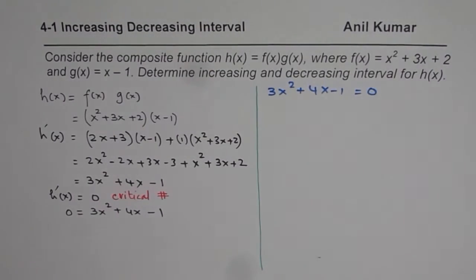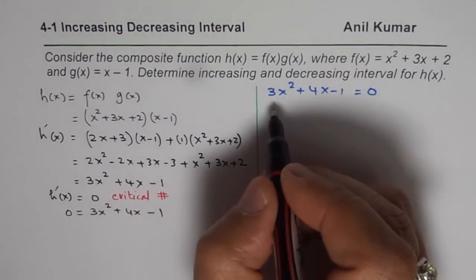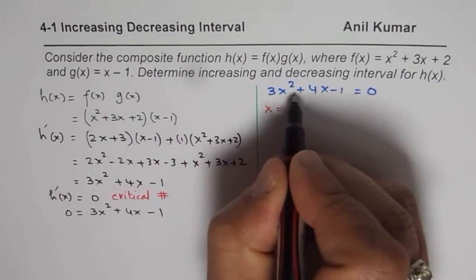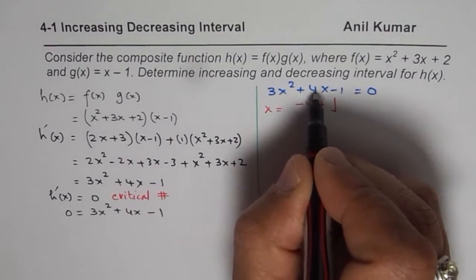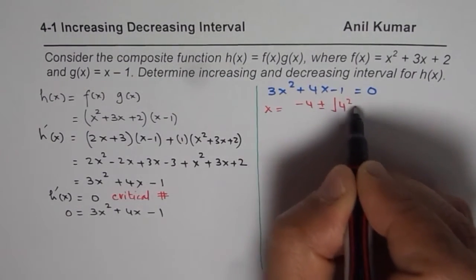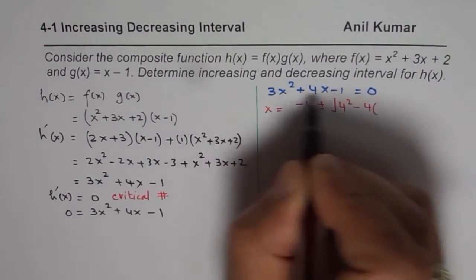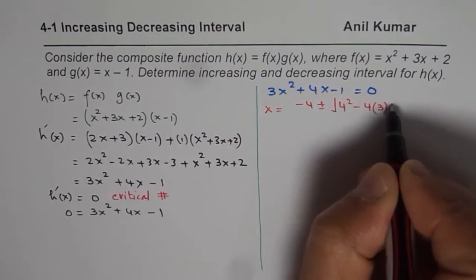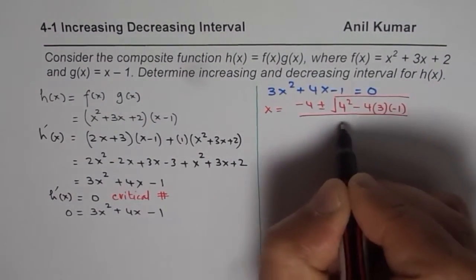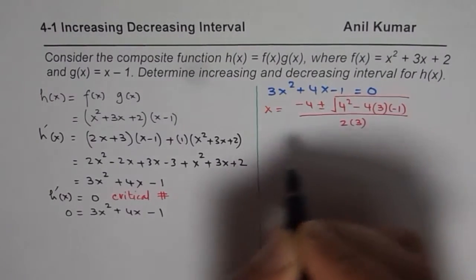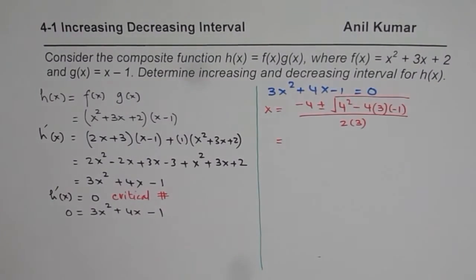The quadratic formula, you remember, is x equals minus b, which is minus 4, plus or minus the square root of b squared, that means 4 squared, minus 4 times a, which is 3, and c is minus 1, divided by 2 times a, which is 3. So that is the quadratic formula.